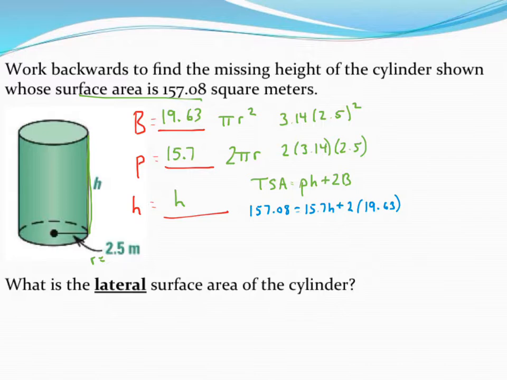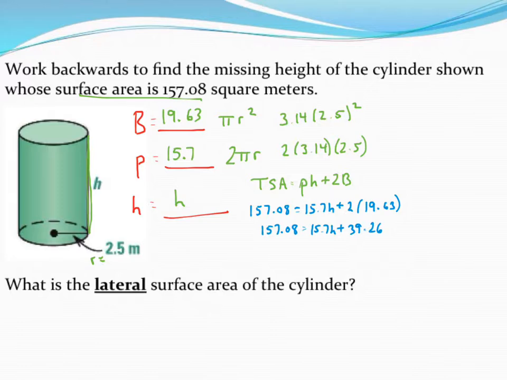So I'm going to start with doing 2 times 19.63. So let me rewrite what I have then. 15.7h. Once I multiply 2 times 19.63, I get 39.26. If you know the algebra, why don't you go ahead and pause the video and finish the algebra out on your own. Otherwise, you can let it play through, and I'll just kind of do my work right here.